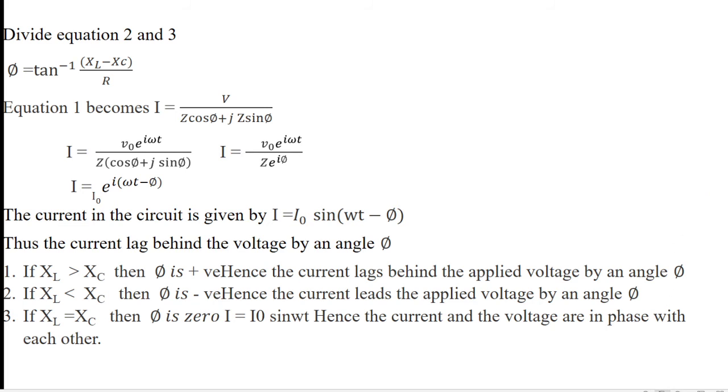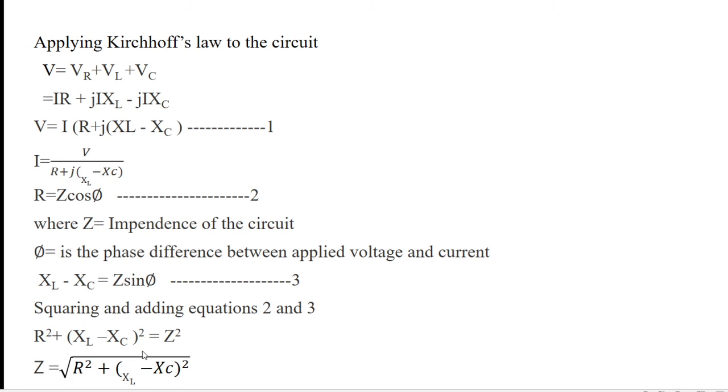And Z is called the impedance of the circuit, and it is given by Z is equal to root of R square plus XL minus XC whole square. In AC, the impedance of the circuit is defined as the combined opposition of resistance, inductance and capacitance to the flow of current.